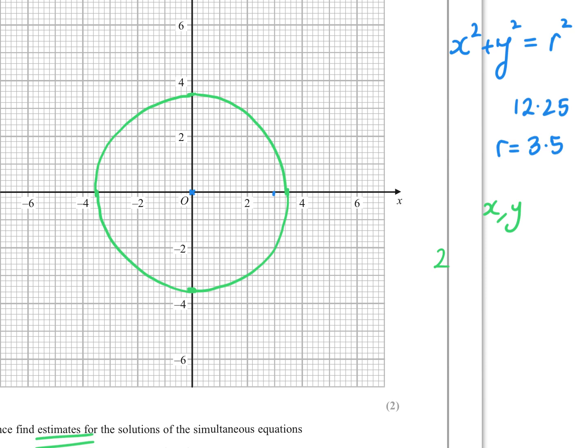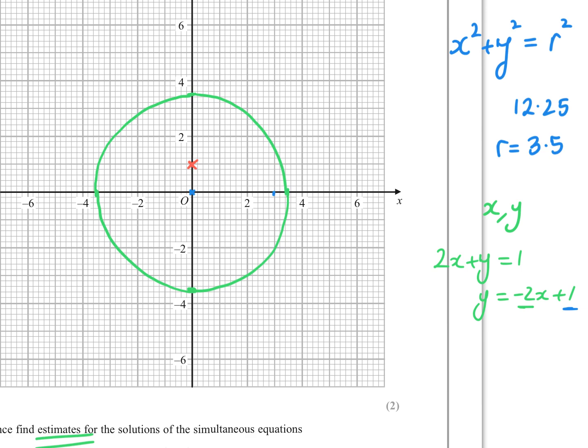If we have 2x plus y equals 1, we can take 2x from both sides, and we can see here the gradient is -2 and the intercept is 1 on the y. So we know that we've got 1 on the y for an intercept, and we know if we go along 1, we've got to go down twice as much.